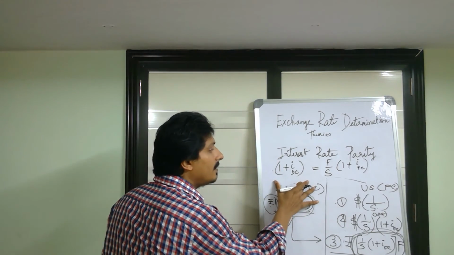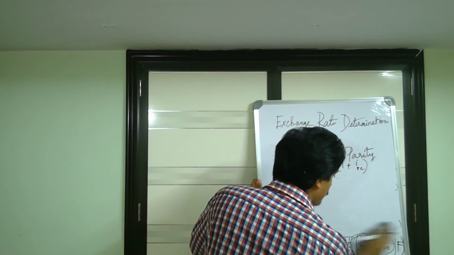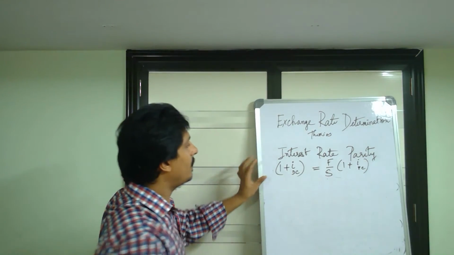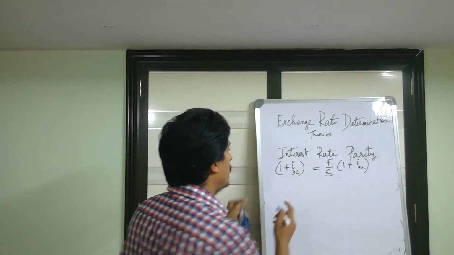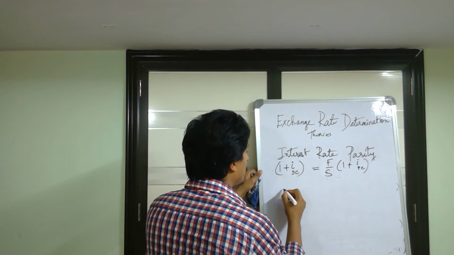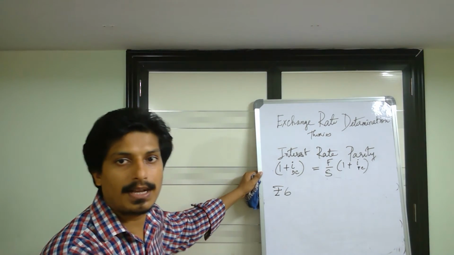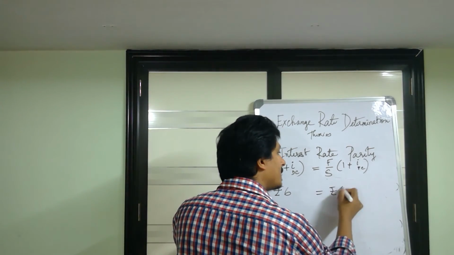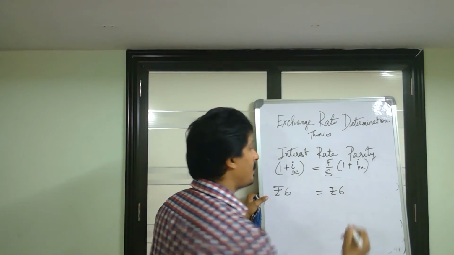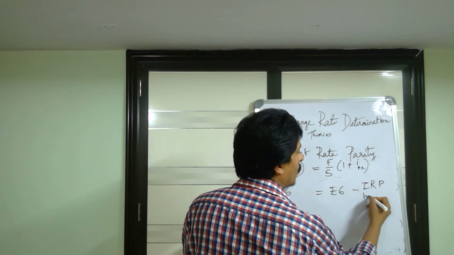If on the left hand side you get more return, here the return is 6 rupees. For every 100 I invested, it's 6 rupees. And here also, if you get 6 rupees, IRP holds.